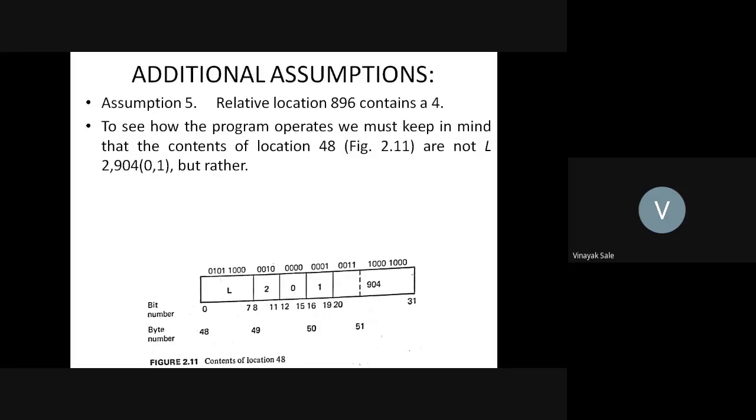So the next assumption is that relative location 896 contains a 4. So for 896, a 32-bit word is used. There is a conversion into binary format, then hexadecimal format.